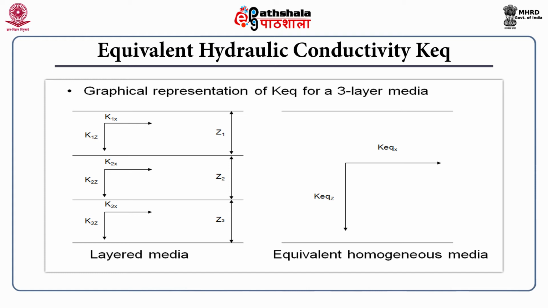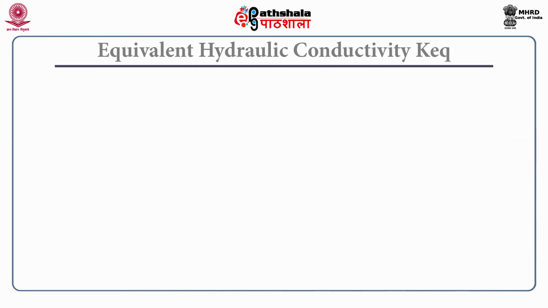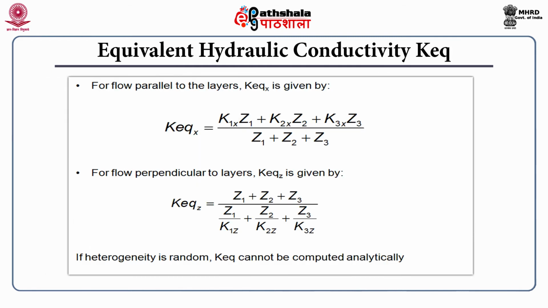For getting the equivalent hydraulic conductivity in the x direction as well as in the vertical direction, we can use these equations, for flow across as well as parallel to these clay and soil layers. Similarly, transmissivity can be obtained by summation of the different T1, T2, T3 for such types of formations.